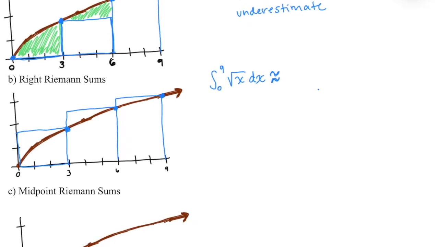And so all of my bases are 3 again. The height of that first rectangle is the square root of 3. The height of the second rectangle is the square root of 6. And the height of the last rectangle is the square root of 9. When we add all these up, we end up getting 21.5446.